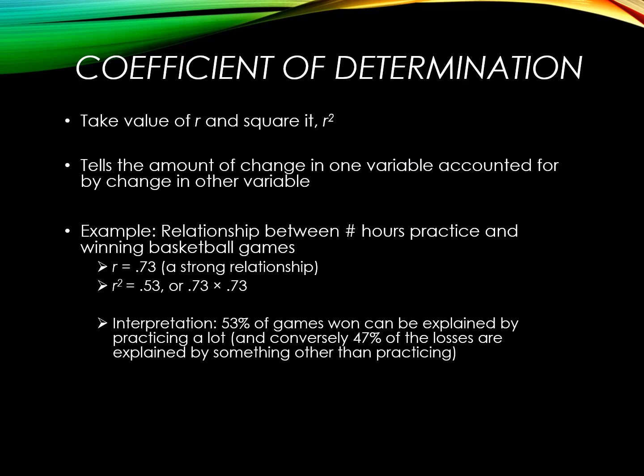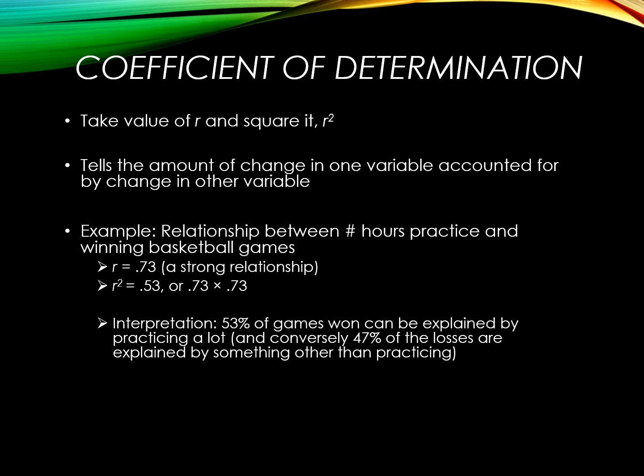We can also look at the coefficient of determination. This is when we take the R value and square it. And this tells us the amount of change in one variable that is accounted for by the change in the other variable. An example of this would be the relationship between the number of hours of practice and winning basketball games.